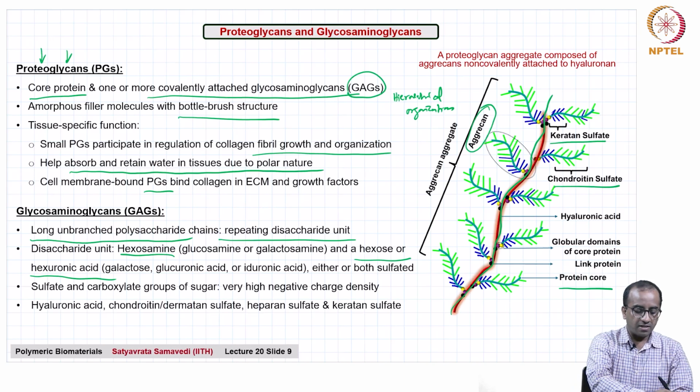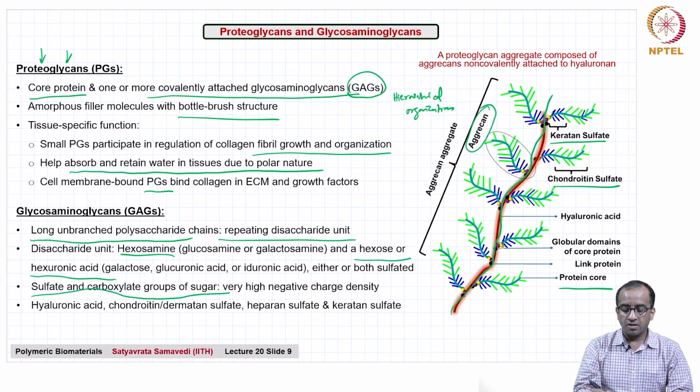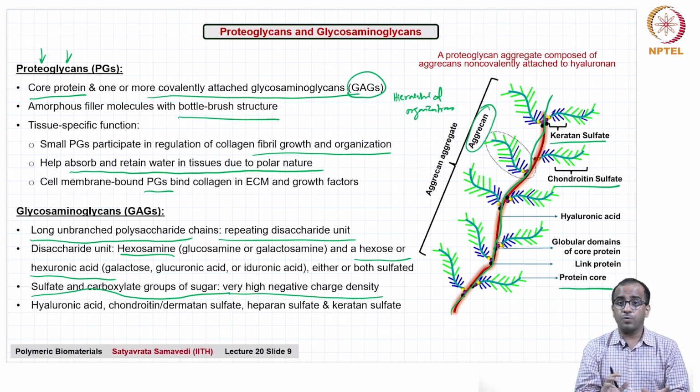So, the sulfate and carboxylate groups of the sugar give rise to a very large negative charge density, which primarily helps in making the molecules polar, which helps in absorbing and retaining water, and sequestering growth factors. All of this functionality comes from charge.